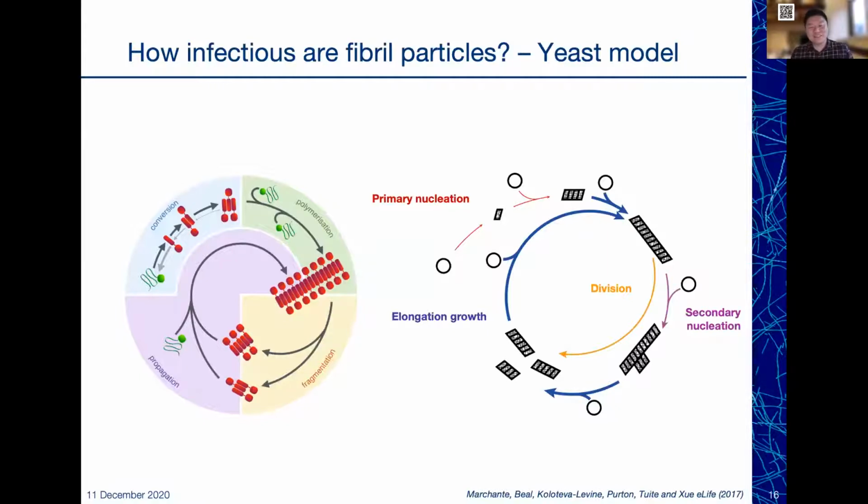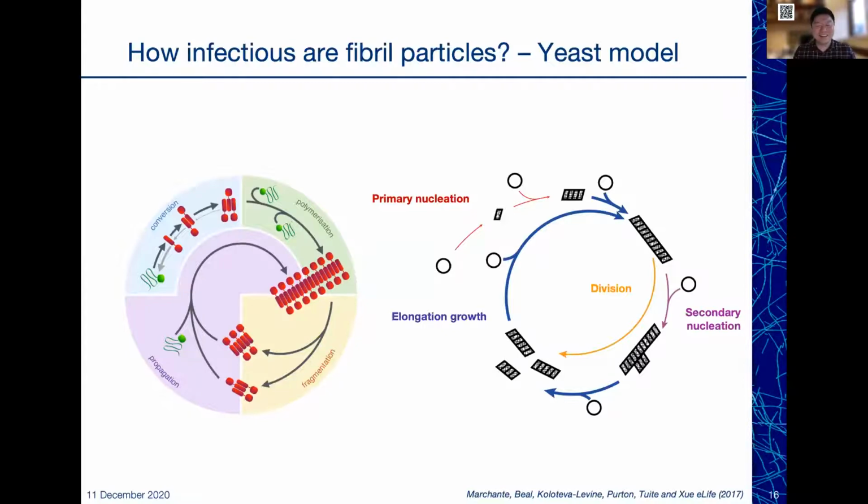Like I said in the beginning, prions, as far as we know, are also amyloid filaments. Prions are just amyloid filaments that can be transmitted, like what we heard in Huma's talk yesterday.